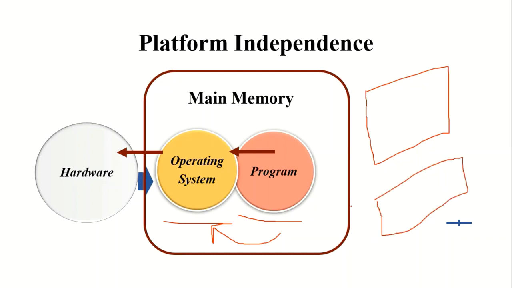Say a program wants to display something onto the monitor. Then it has to hand over the content to the operating system, and then the operating system takes the responsibility to display the content onto the monitor. The same thing happens when a program wants to fetch something from the keyboard.